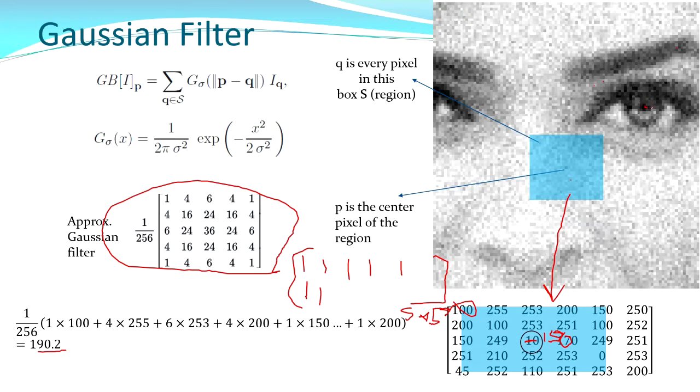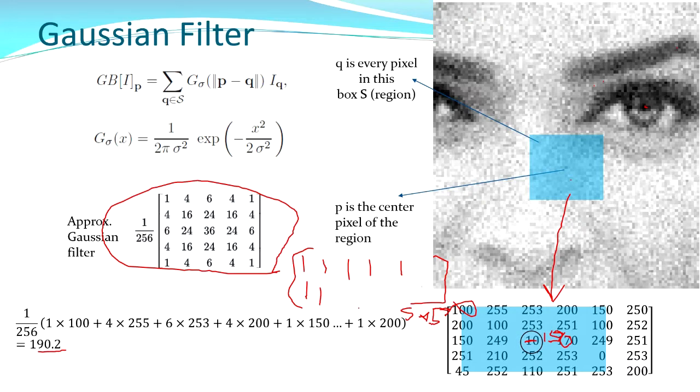The pixels surrounding this pixel will have more or less the same color, because they all belong to the eye. But as you go further, you can see the pixels are totally changed. Here the pixels are white and here the pixels are black. Hence, as you go further, you need to decrease the weights. That is precisely what the Gaussian filter is doing. You decrease the weight so that you get a better output. That is the only reason why we are using a Gaussian filter over here.